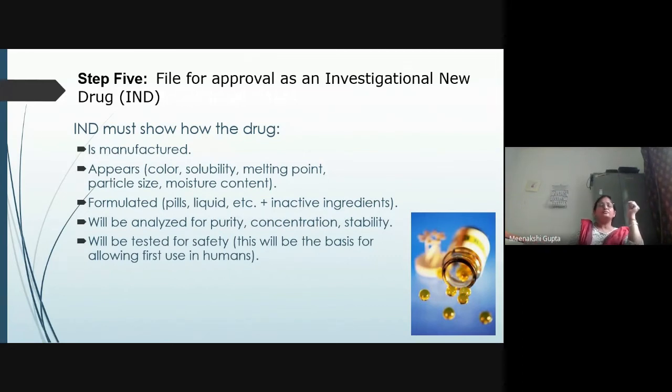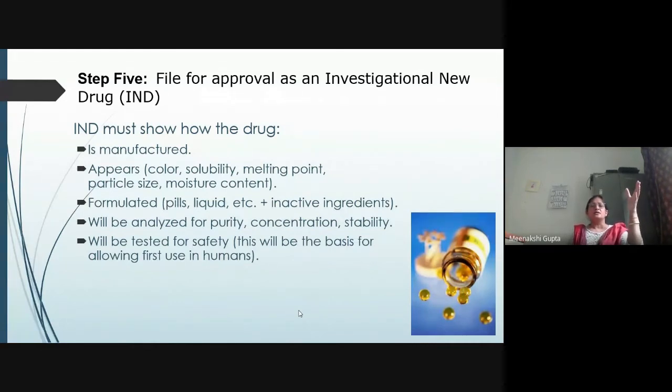Then after that, the formulation is prepared to the pilot plant scale, and we also analyze the purity, concentration, and the stability.